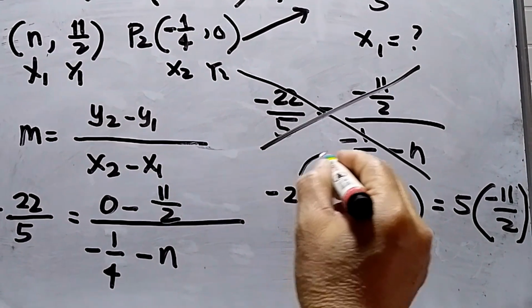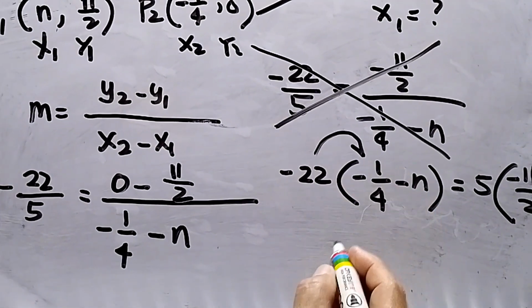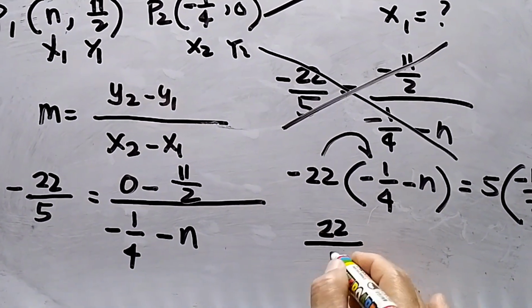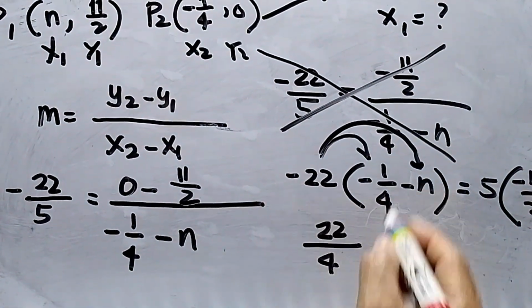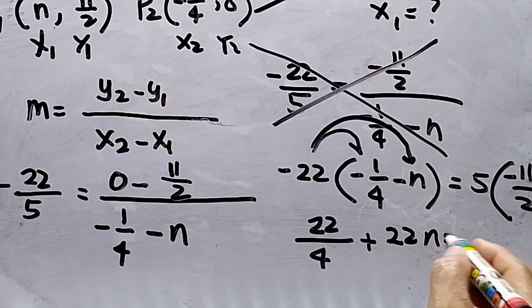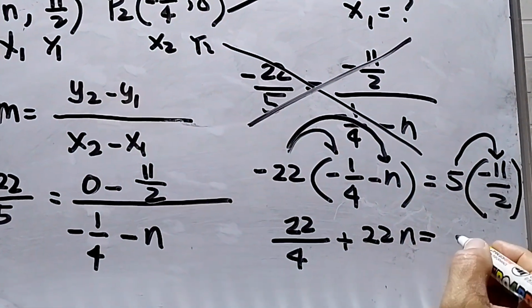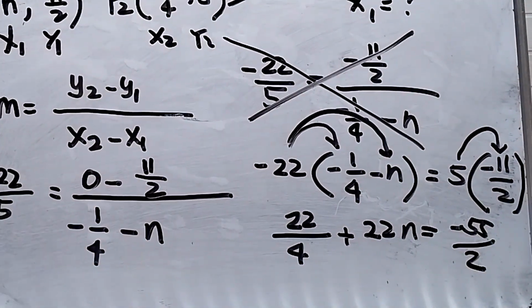So multiply: negative 22 times negative 1 over 4 will be positive 22 over 4. Then distribute to the second: negative times negative will be positive 22n. And then this one, multiply: 5 times negative 11 is negative 55 over 2. Okay?